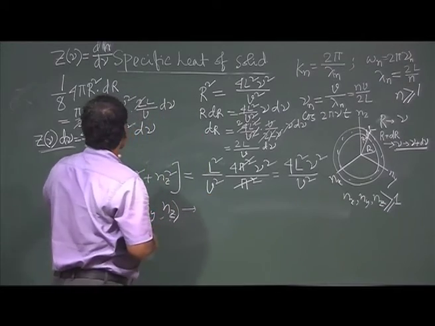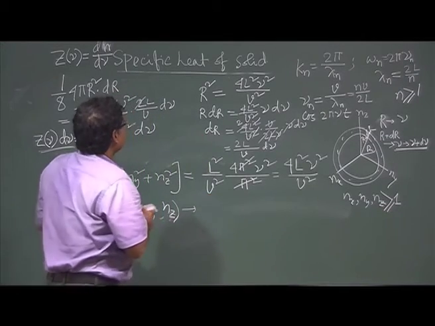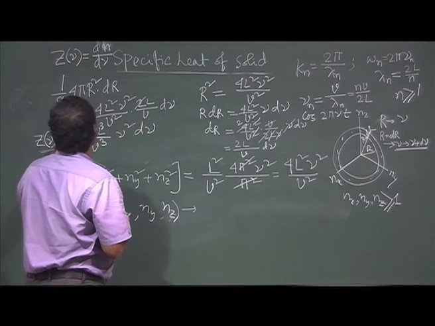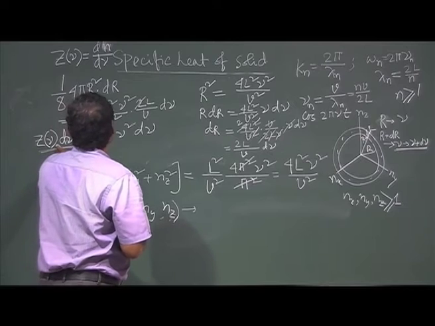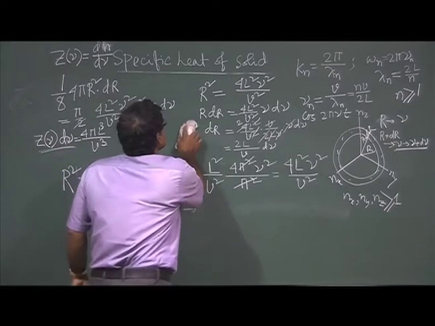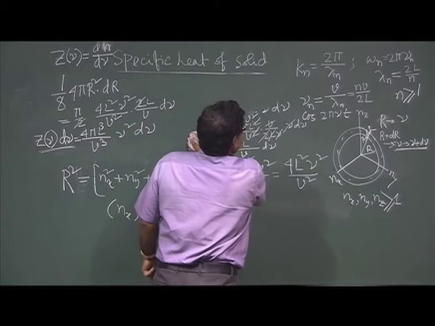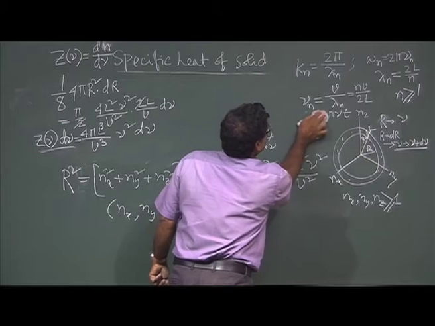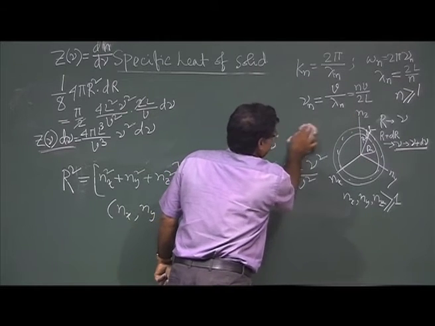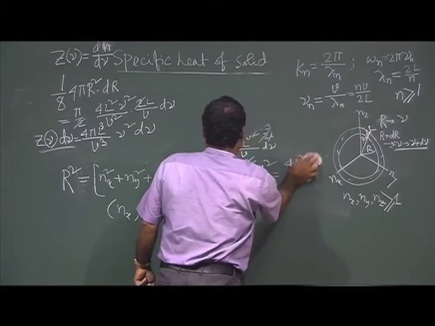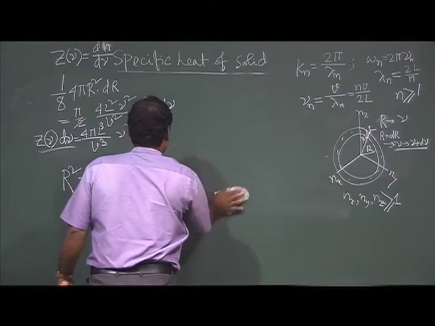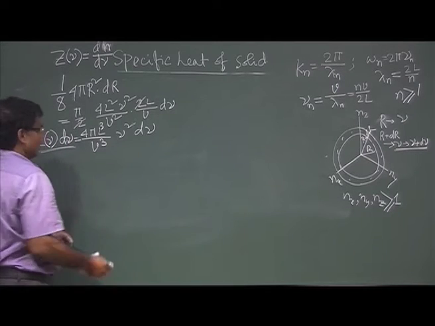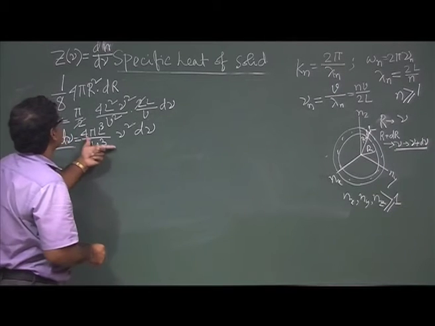Now we got the density of modes at frequency nu. I need only this, so I got everything in terms of frequency.